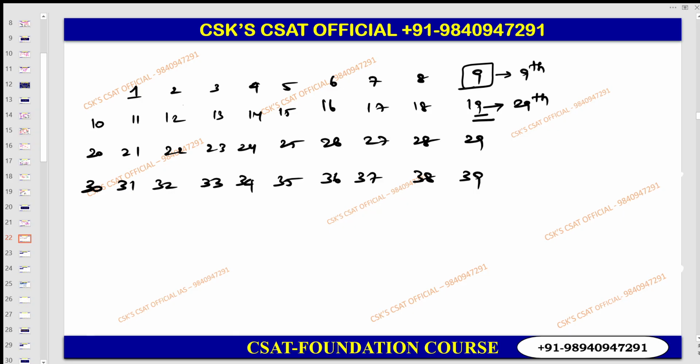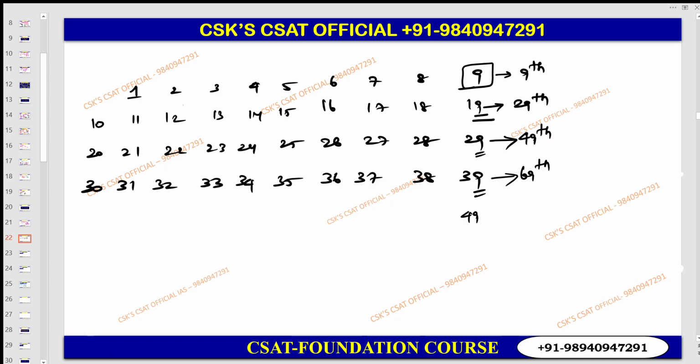Like that, another 20 is there, no? So 29 plus 20, this is going to be the 49th. Then another 20 is there, so this 9 is going to be the 69th. Guys, understanding?